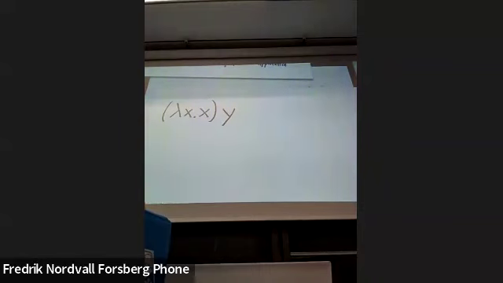And the key thing that you need in order to be able to do computation is to know how these terms evolve. The way computation happens in the lambda calculus is that terms compute to other terms.